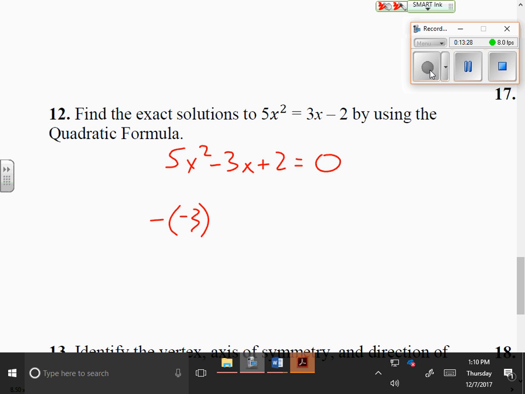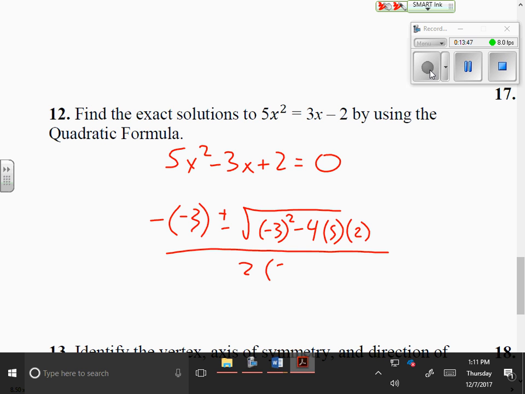So when you plug it into the quadratic formula, negative b plus or minus the square root of b squared minus 4ac, all over 2a. We can't simplify any of the numbers.